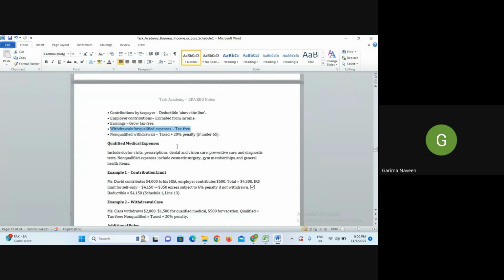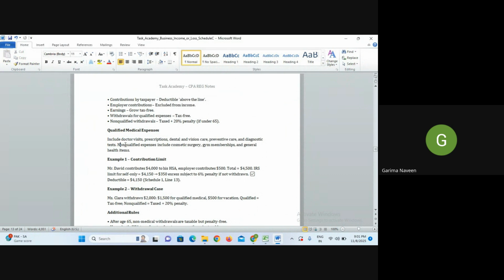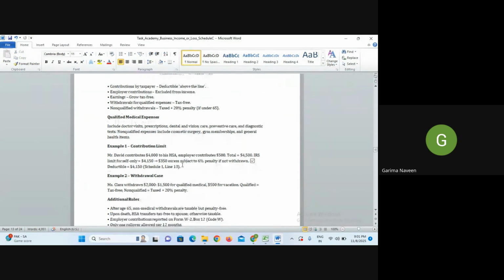Qualified expenses means doctor visits, prescriptions, dental and vision care, preventive care, diagnostic tests. Non-qualified expenses are, for example, paying for cosmetic surgery just to improve your appearance, which is not allowed.